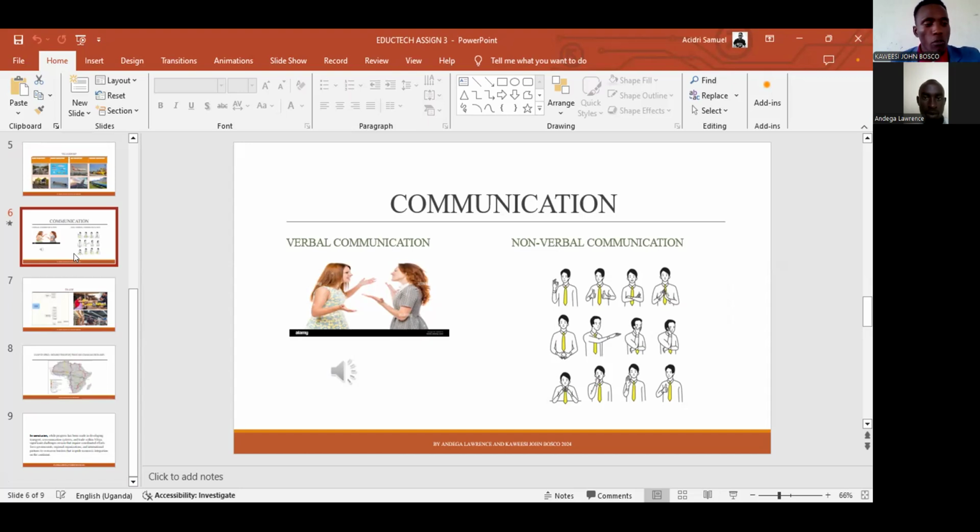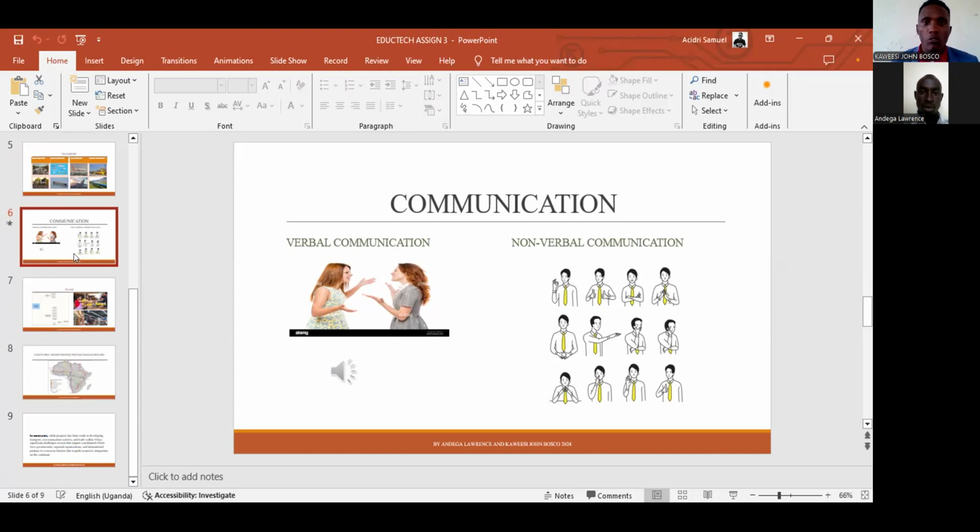But in this communication, there will be a sender and a receiver. There is no communication that can take place without a sender and a receiver, as well as feedback. Because if you send a message, you have to know the feedback from that person whom you have sent to. So you have to make sure that there is a sender and a receiver in your conversation.